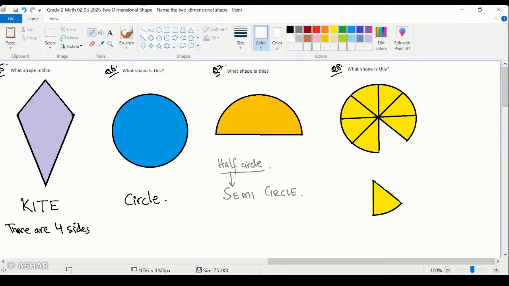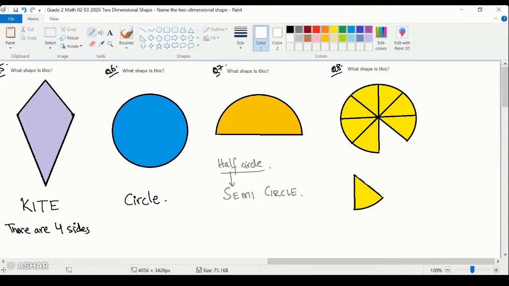Yes, perfect. There were 8 slices. The circle was broken into 8 slices. So this slice out of the circle will also have a name, right? This is a shape that's been formed, right?